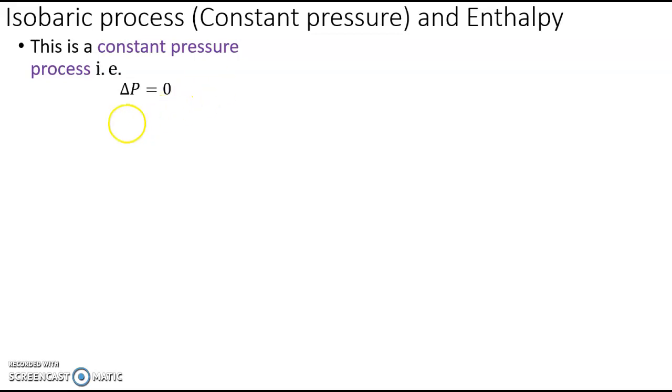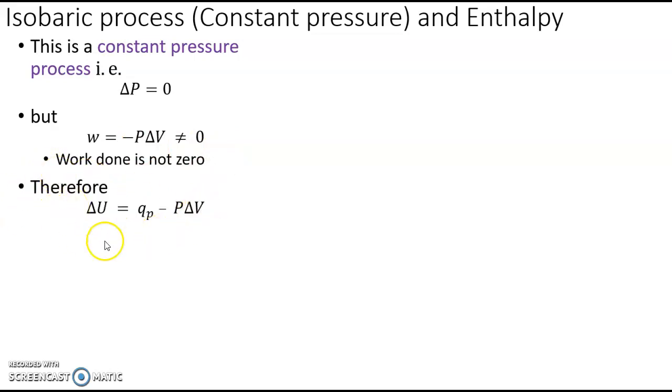For a constant pressure process, the change in pressure is equal to 0 because P1 is equal to P2. Since W is minus P delta V, W is not equal to 0. Recall, we say it's a constant pressure, not a zero pressure. So work done is not 0.